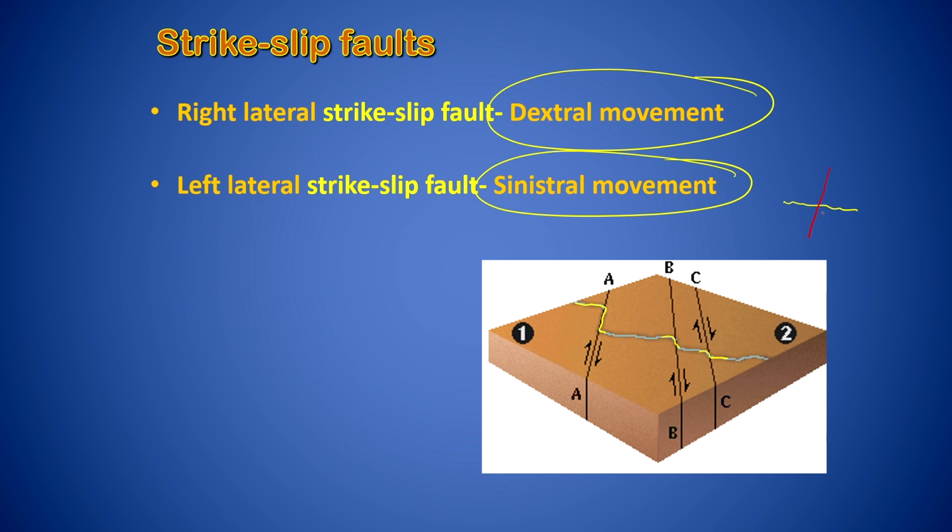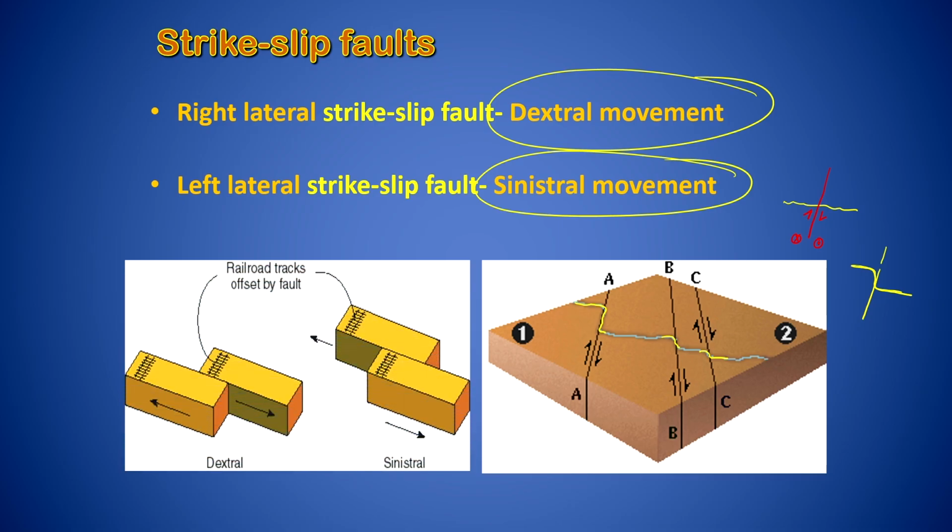If this fault results in a right lateral strike slip, this portion is coming towards us and this is moving away, then you will see the drainage getting deflected along this line. You see a deflection along the fault. This is a typical way of identifying a strike slip fault using high resolution satellite data.